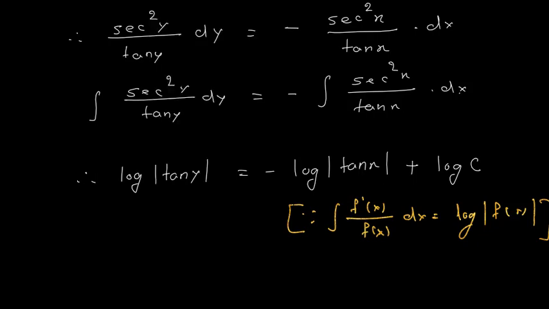So log tan y is equals to minus log tan x plus log c. So therefore I have log of tan y is equals to log of c minus log of tan x, we can say. So we club it, a minus b is a upon b, so it will become c upon tan x.